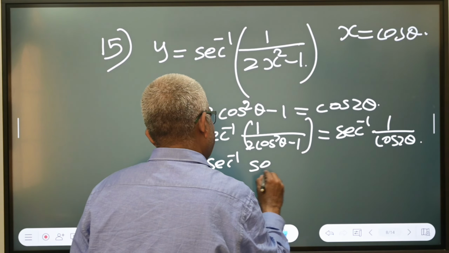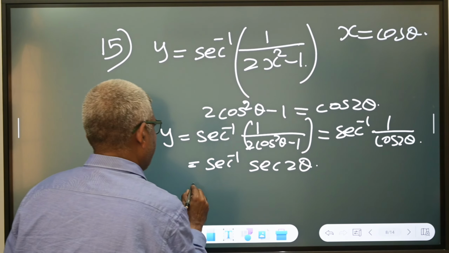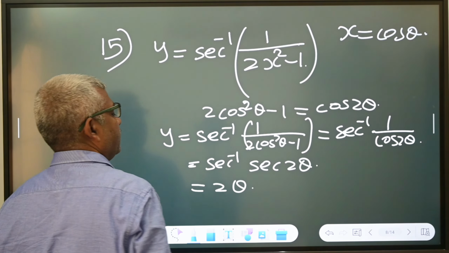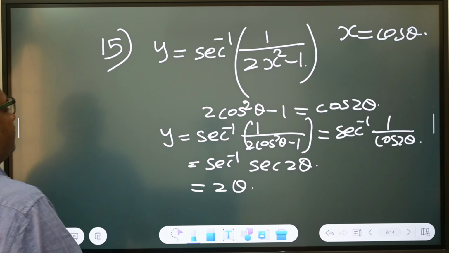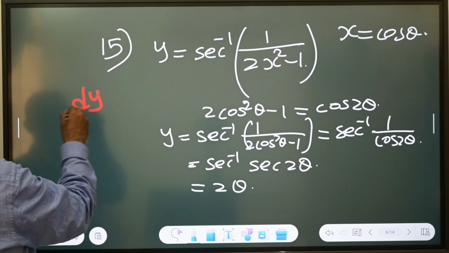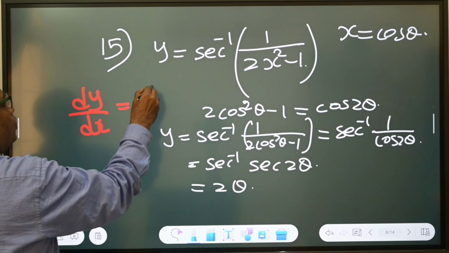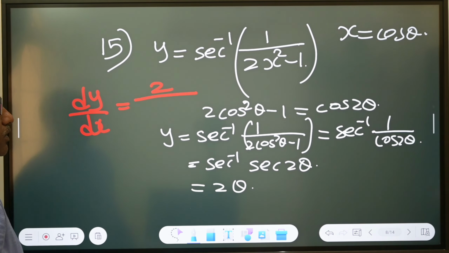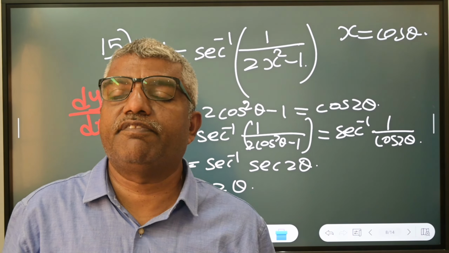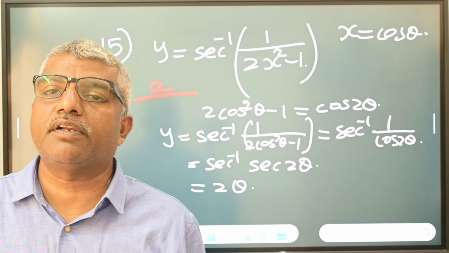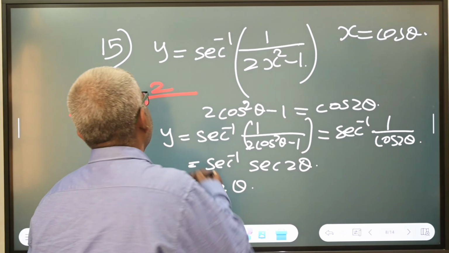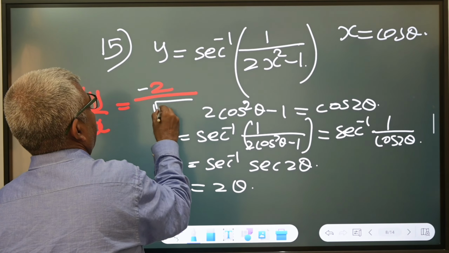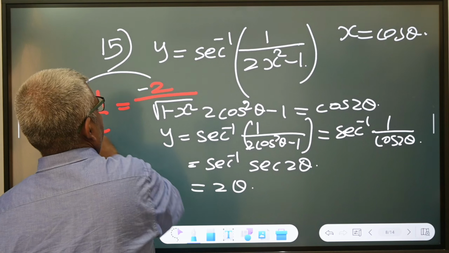Secant inverse secant 2 theta equal to 2 theta. What is dy by dx? 2 theta is 2 cos inverse x. Cos inverse x if you differentiate, minus 1 over root of 1 minus x squared.